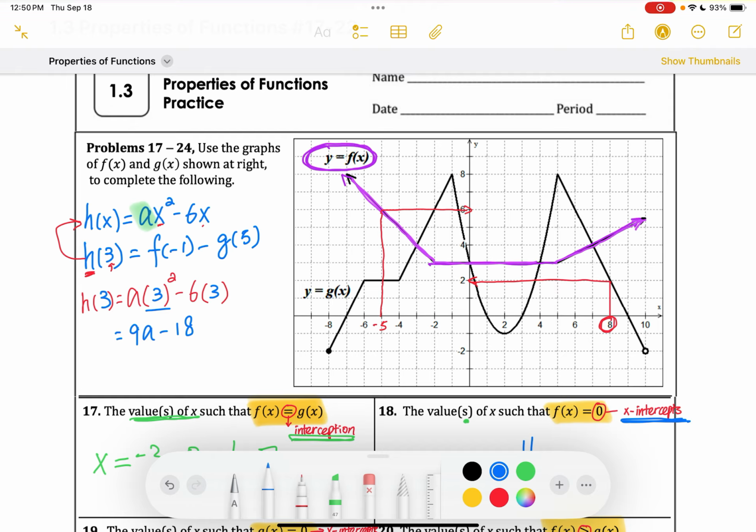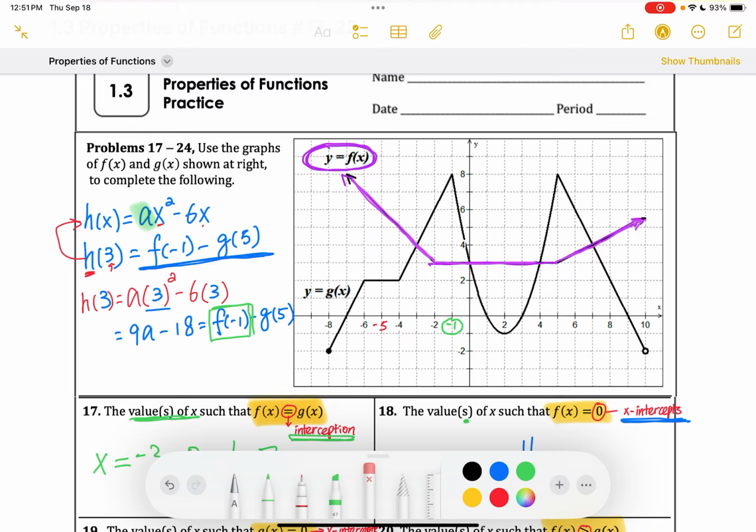But we also know that this is also equal to the function f of negative 1 minus g of 5. Well, I do know that the picture has my answer, because function f of negative 1 is right here. So negative 1 is right here. Since I would like to figure out the function f, I'm going to look for the purple line.